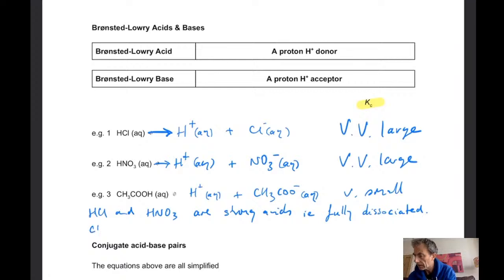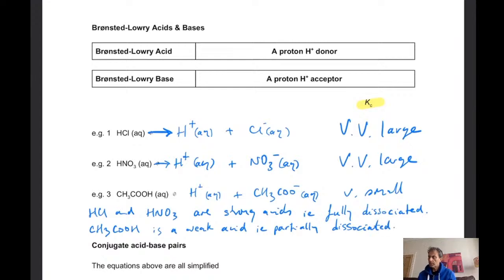CH3COOH is a weak acid, i.e. partially dissociated. Okay, so I hope the use of the reversible arrows at first there made sense.